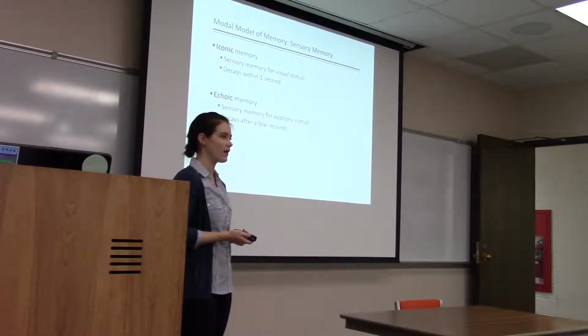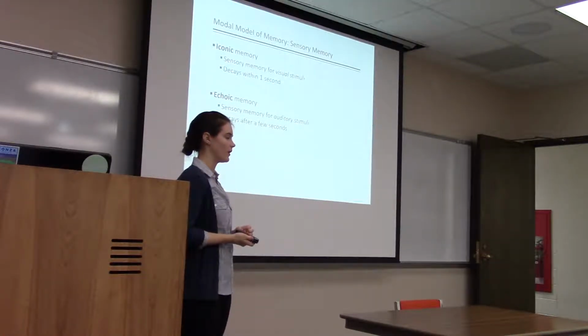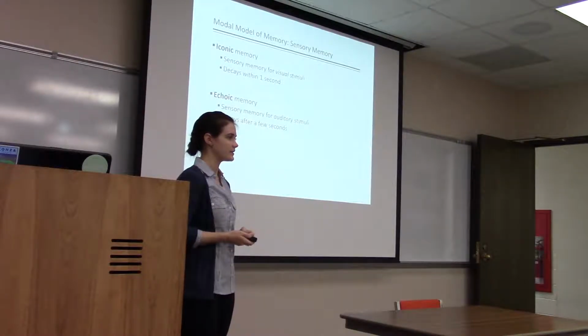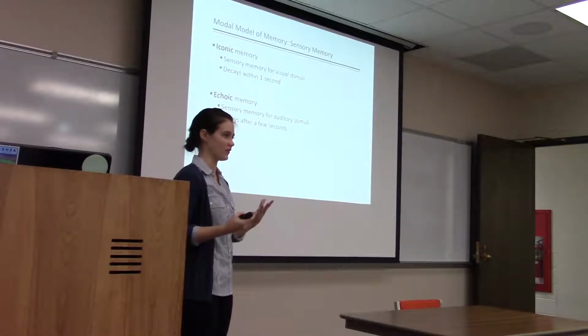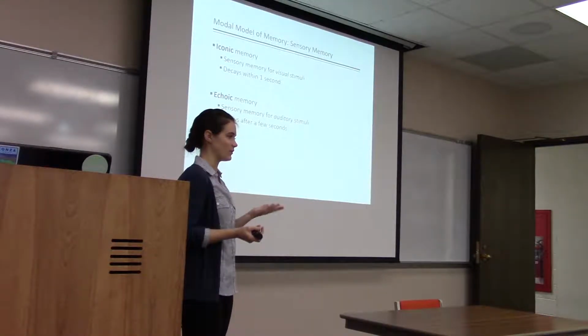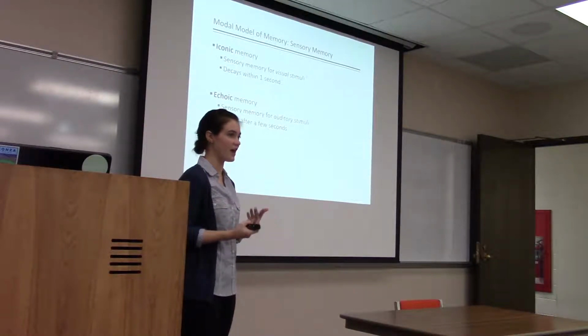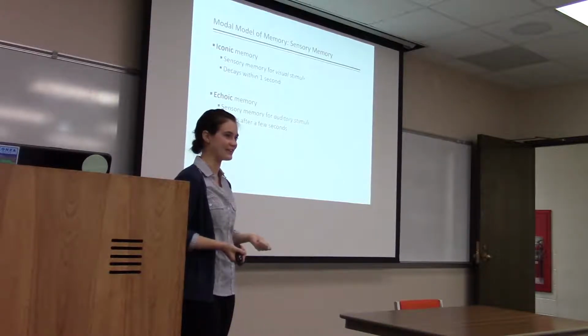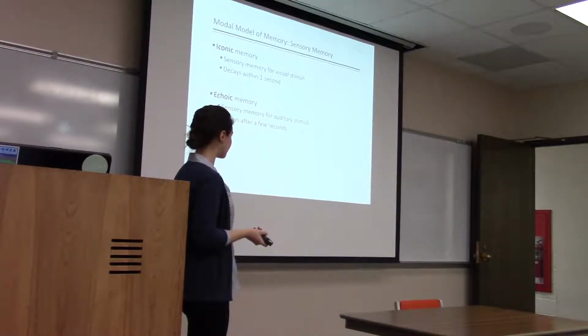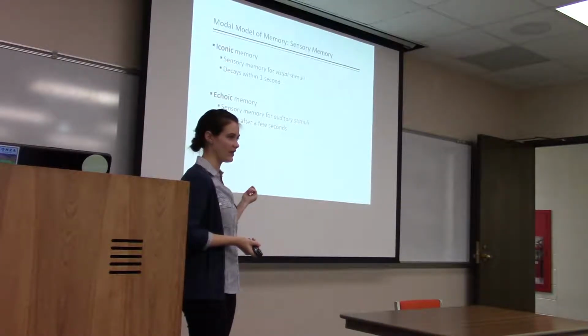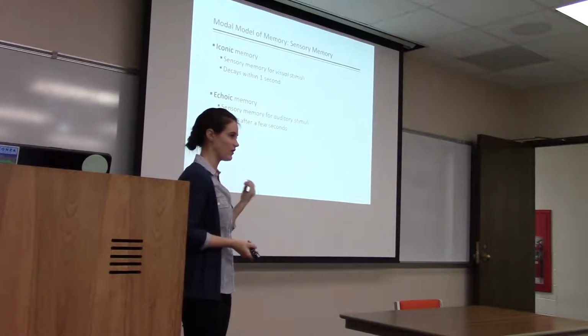And so have you guys ever been in a situation where you're trying to talk to someone, but you know that they're not listening to you, but because you try to catch them, you ask them to repeat what you just said, and they're able to do it even though you know that they weren't listening, and it's really frustrating because you want to catch them. That's actually because the auditory stimuli lasts a couple seconds longer than visual memory.